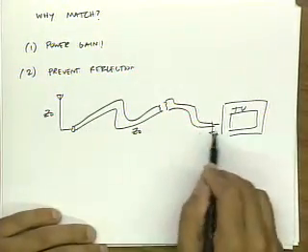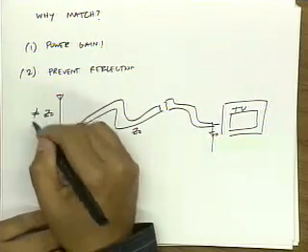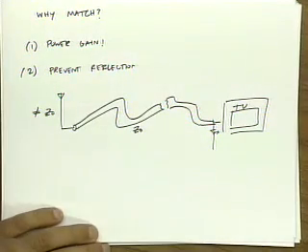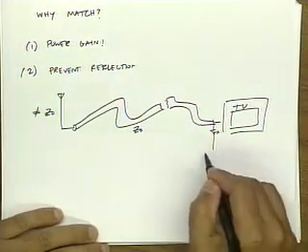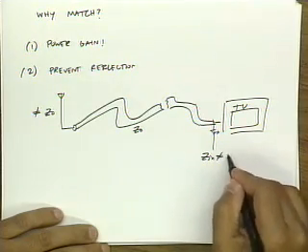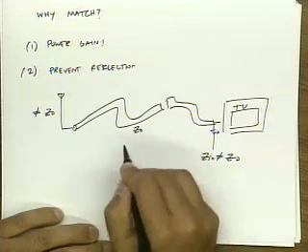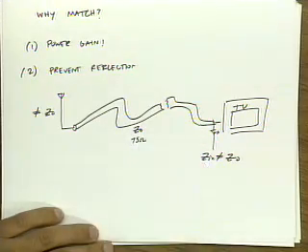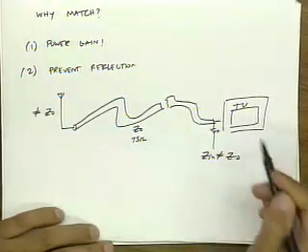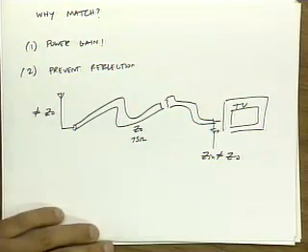But let's say that Zin of your television is not equal to Z0. Let's say this is a 75 ohm cable, and your television is designed for 50 ohms. Let's just say the designer made a mistake.